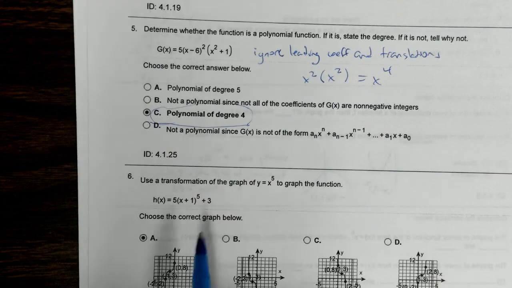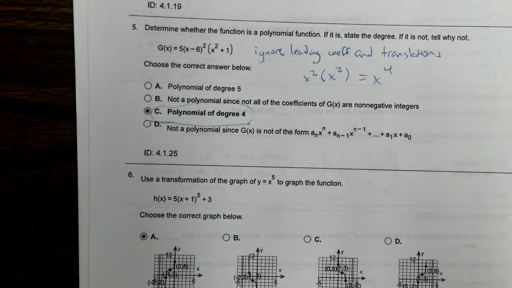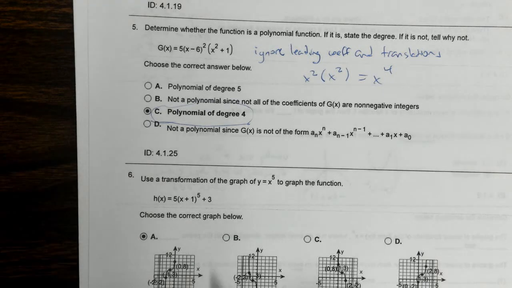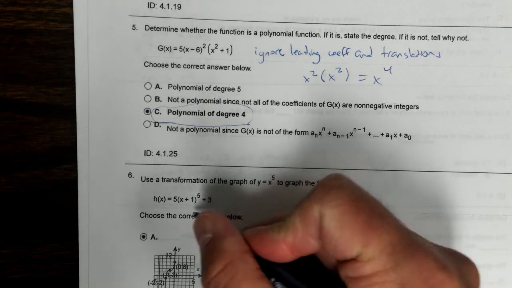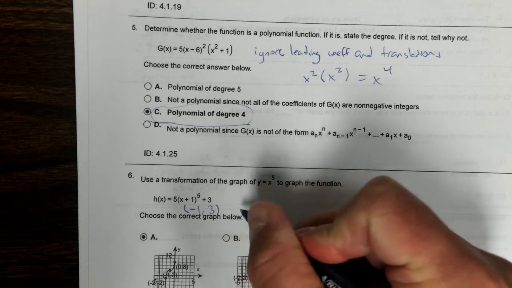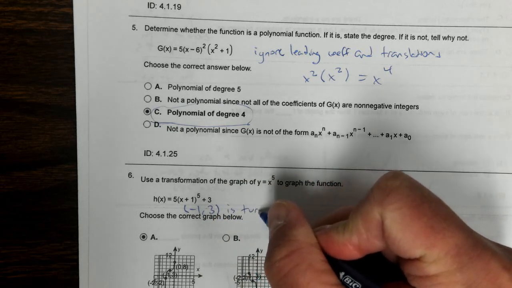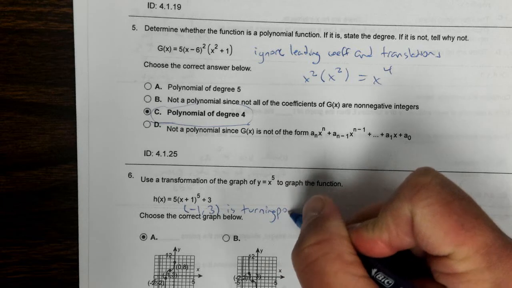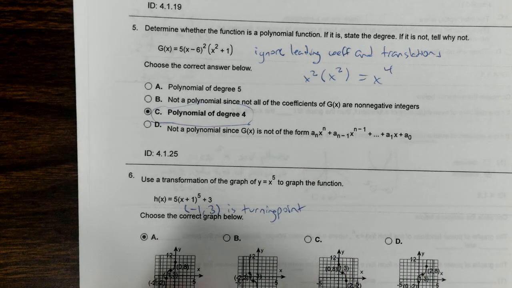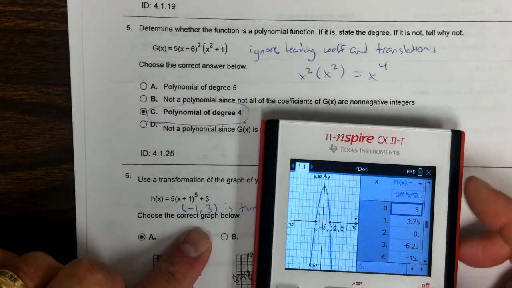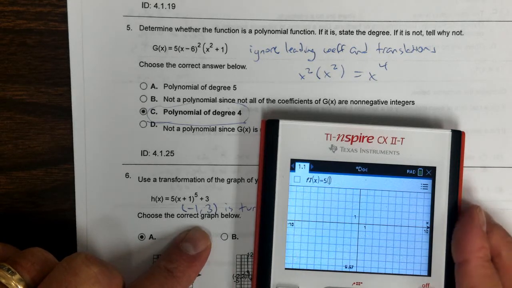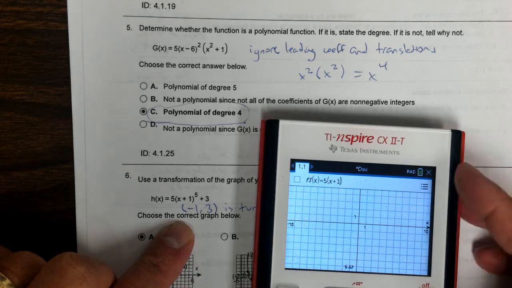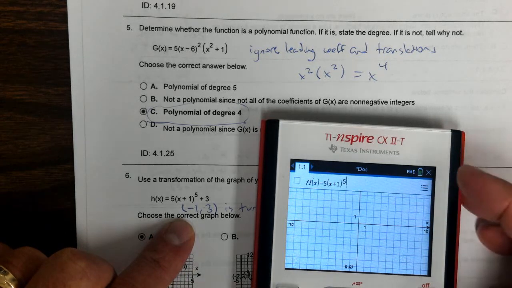On this one, you just have to graph it, and one of the things to look at would be that you would have -1, 3 is the turning point. You could probably find that from here. 5 parentheses x plus 1 to the 5th power plus 3.